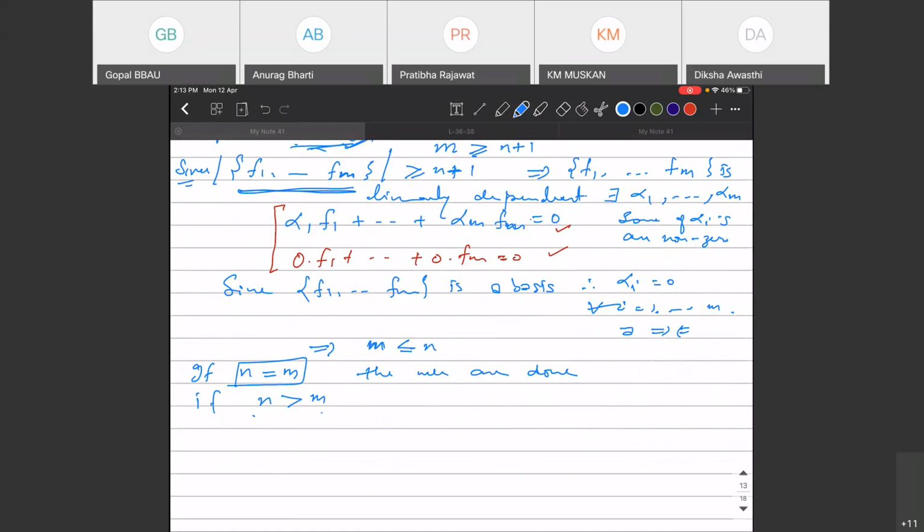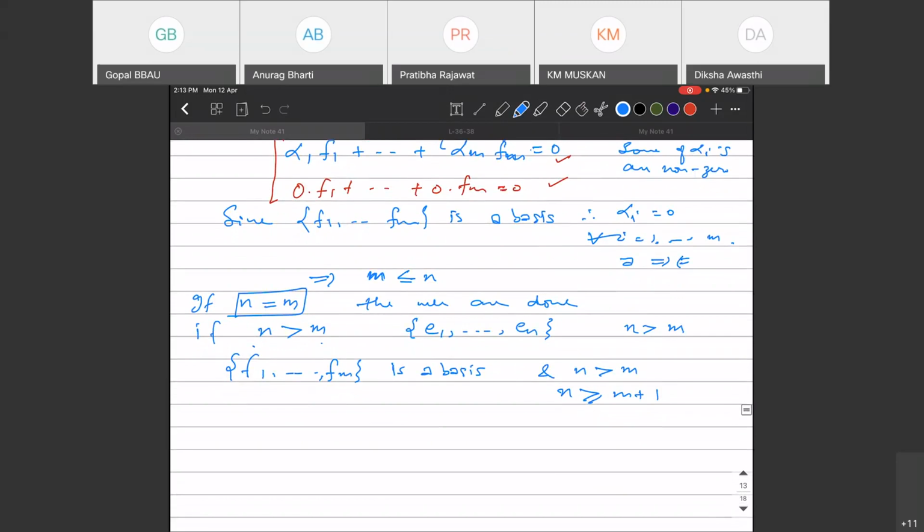So now we will consider this set E1 to En. Here n is greater than m, and you know F1, F2, ..., Fm is a basis, and n is greater than m, which means n is greater than or equal to m plus 1.